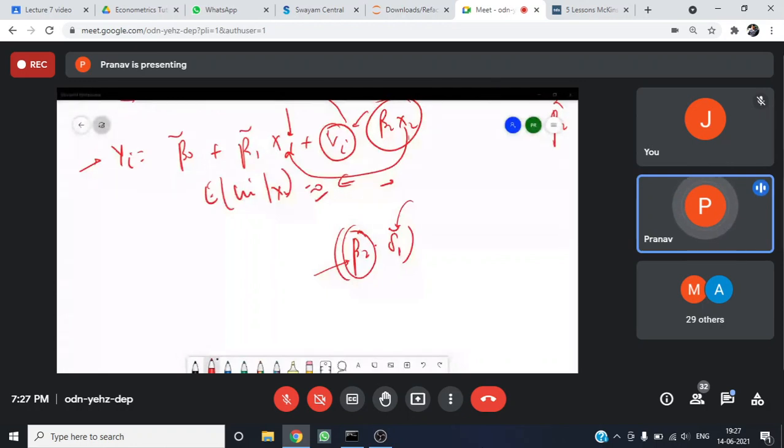When you have a large number of explanatory variables in the model, you have principal components, which are nothing but linear combinations of all the regressors, and they are ordered according to the variance of the component.